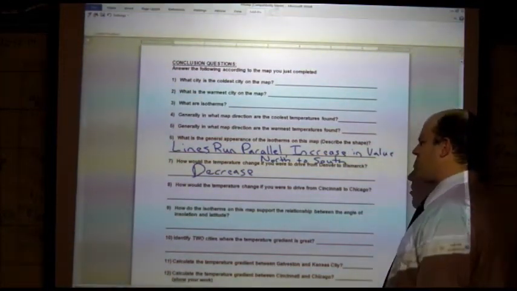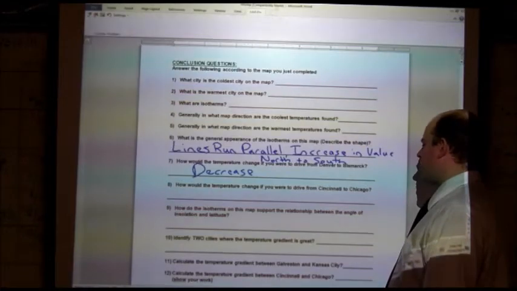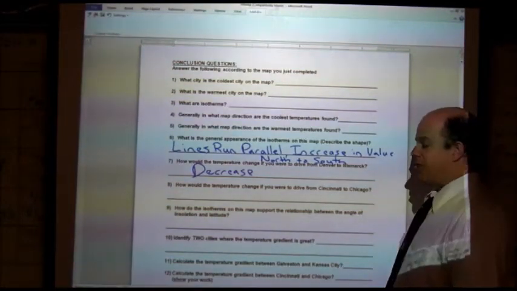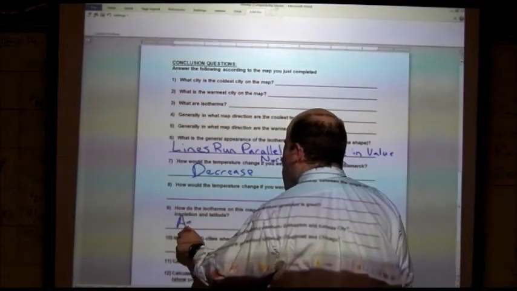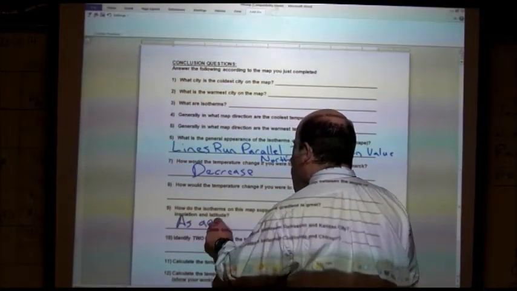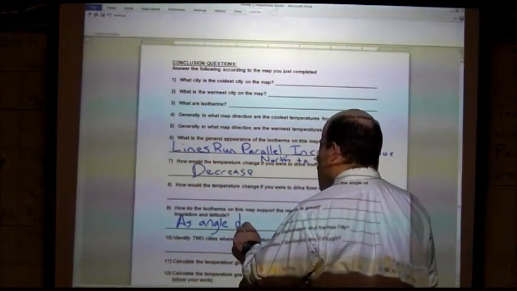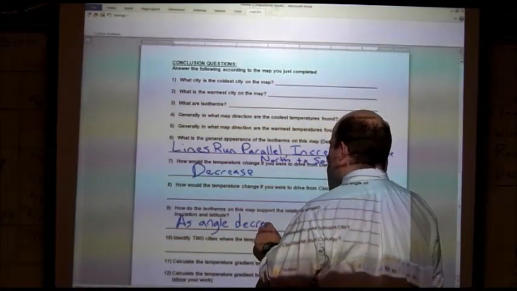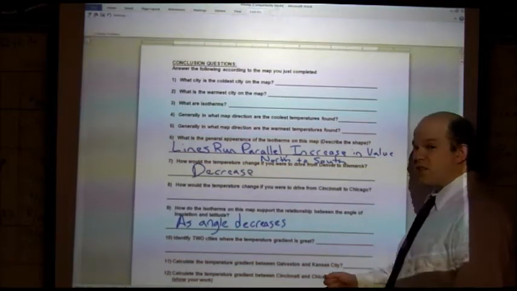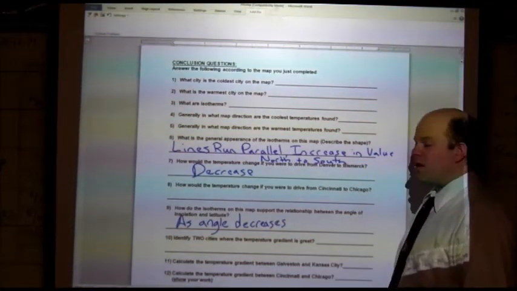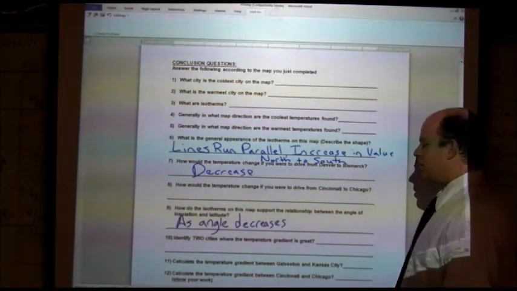How do the isotherms on this map support the relationship between the angle of insolation and latitude? Okay, angle of insolation and latitude. As the angle decreases, angle of what? Angle of the sun's light decreases. What happens to the temperature?